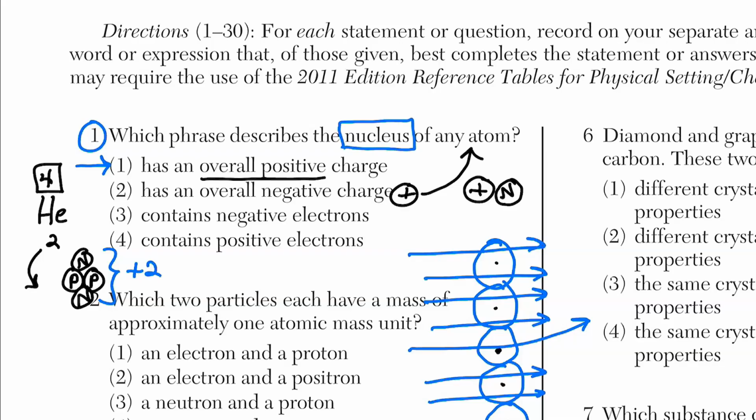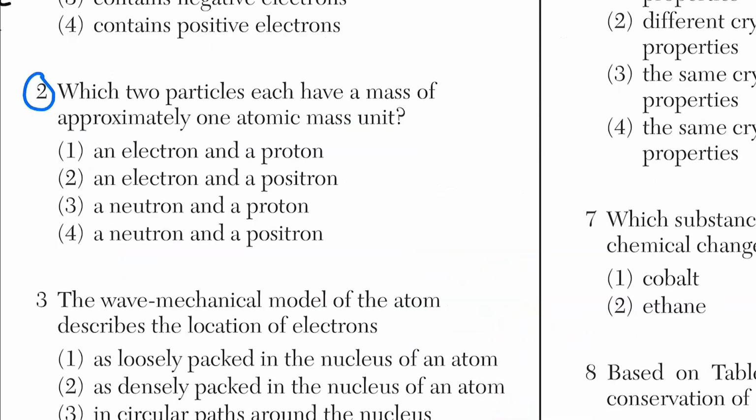All right, moving on to number 2. Which 2 particles each have a mass of approximately 1 atomic mass unit? Now, 1 atomic mass unit sometimes is written as AMU, or just U. It's a relative scale. You can't put a proton, neutron, electron, or positron on a regular scale.